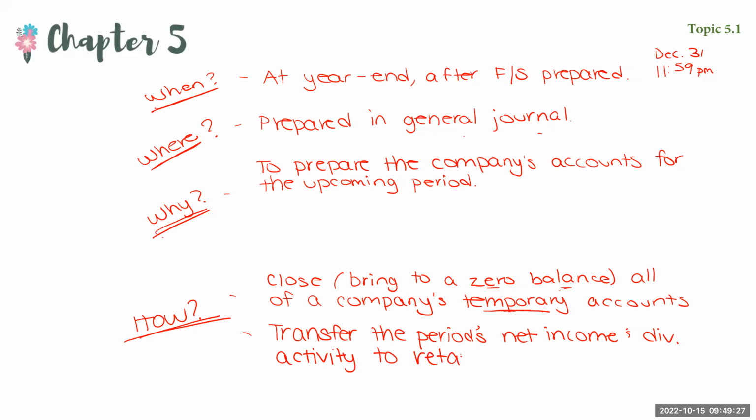That's what else closing entries do. Yes, we bring all temporary accounts to a zero balance, but where does that money go? Where does the balance in revenue go? We can't just make it disappear. We have to take it somewhere. It's going to transfer to retained earnings.